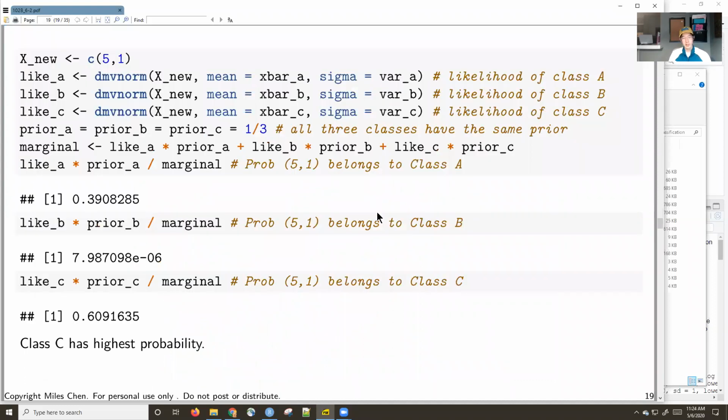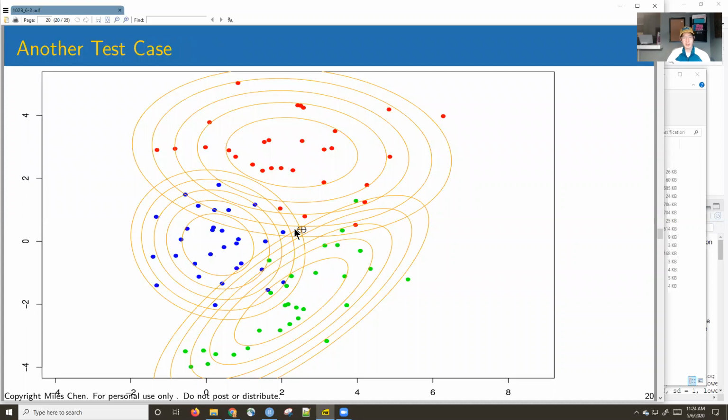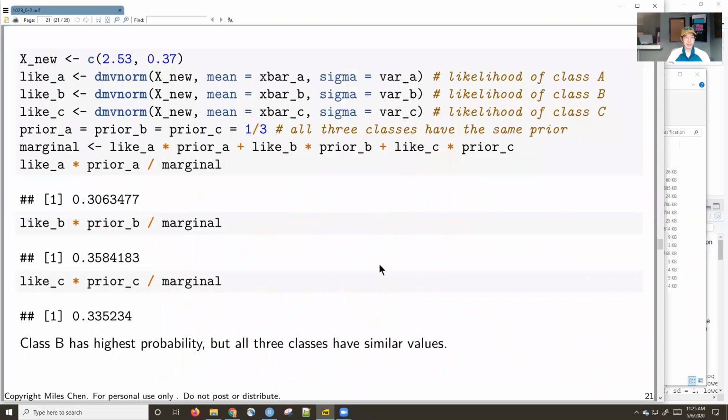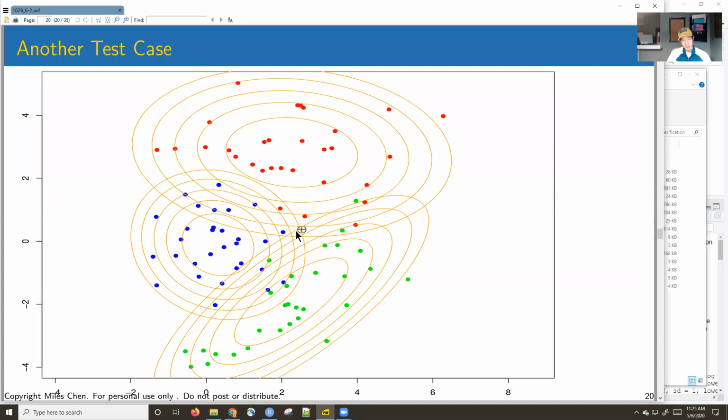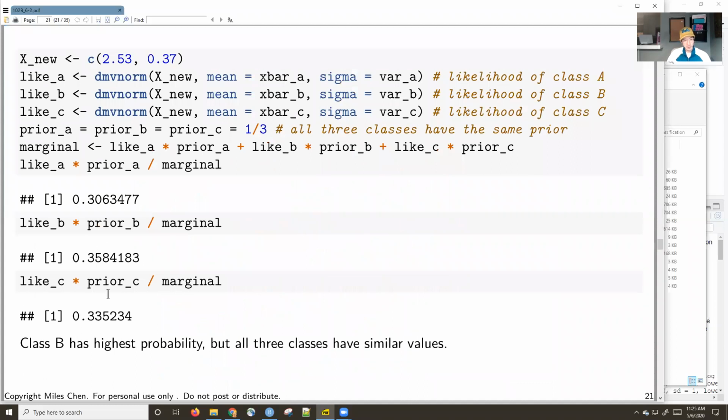And here's one where I put it in the middle of the red, blue, and green dots. I think this one is at 2.53, 0.37, and it's really sensitive. If you just move it over 1/100th of a value another way, these probabilities shift quite a bit.